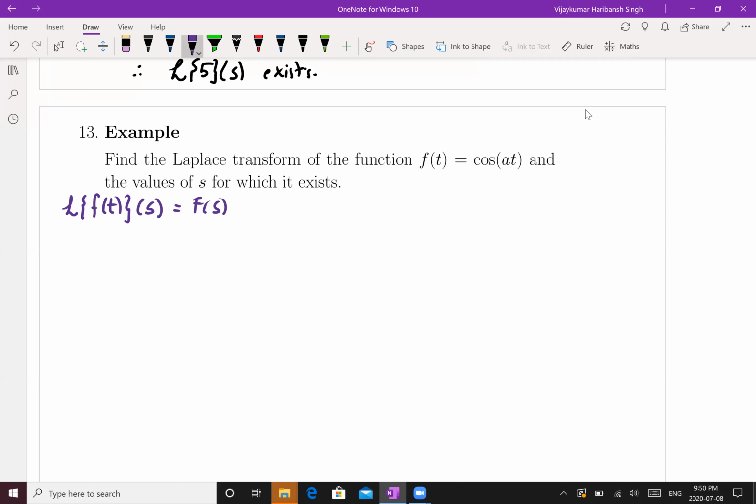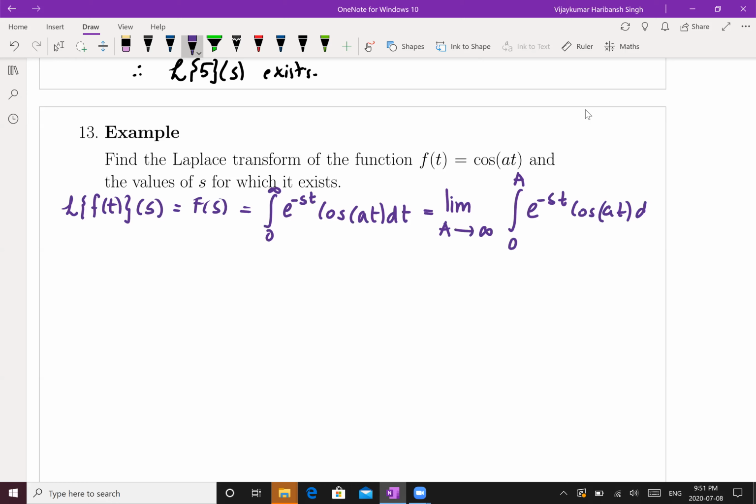I'm just rewriting both notations. It is the integral from 0 to infinity of e to the power minus st times cos of at dt, which again by definition is the limit as a goes to infinity of the integral from 0 to a of e to the power minus st cos of at dt.